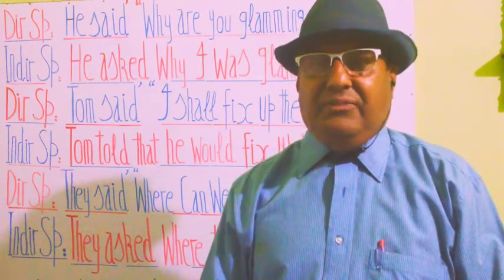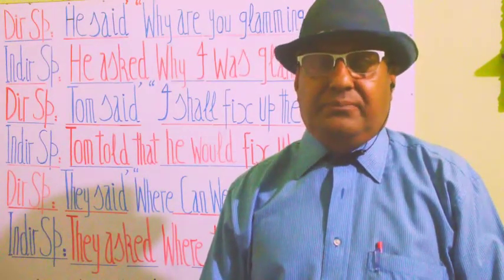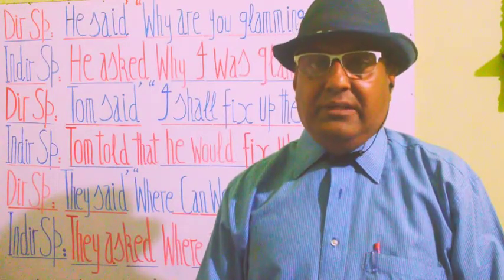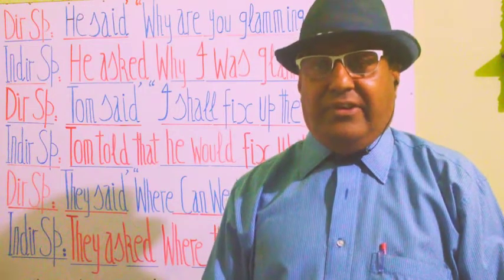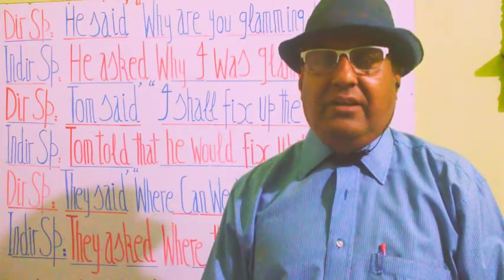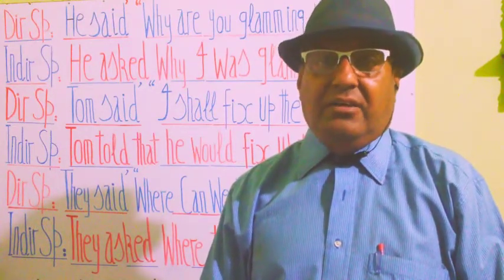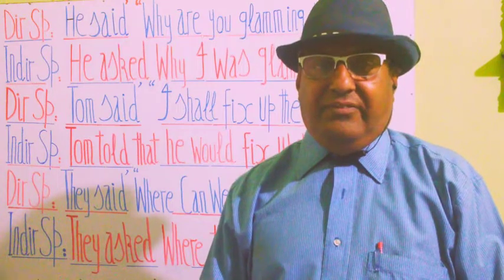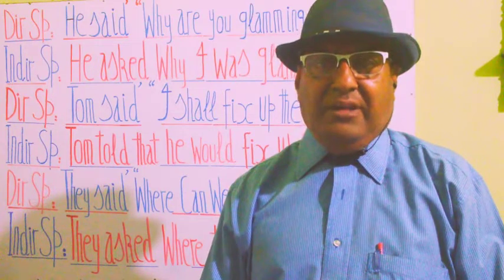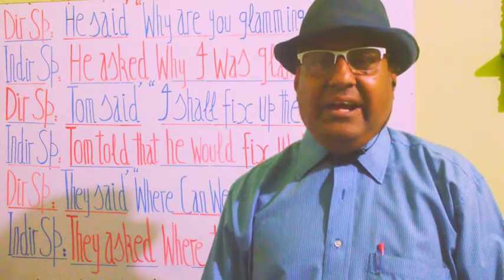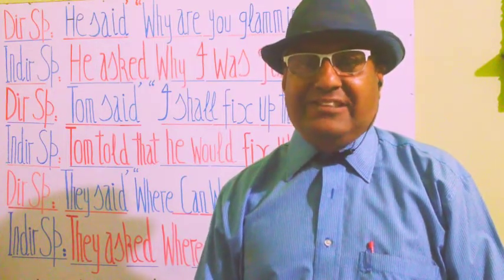Glam up is a phrasal verb that means to become good looking, to wear very good, attractive clothes, and to have makeup on and wear very attractive clothes. So he asked why I was glamming up.